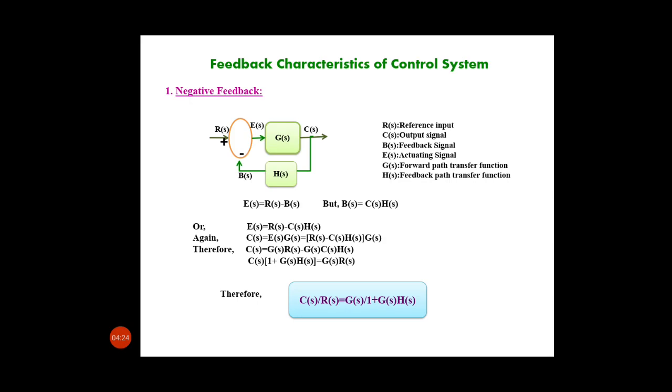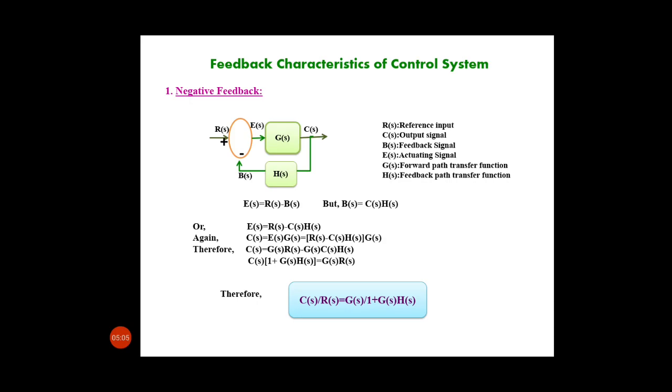B(s) is the feedback signal, expressed as C(s) into H(s). By putting this B(s) in the error signal, we get E(s) equal to R(s) minus C(s) H(s).